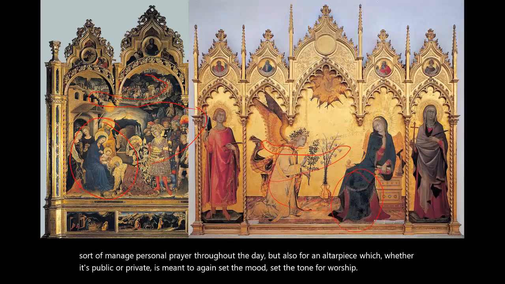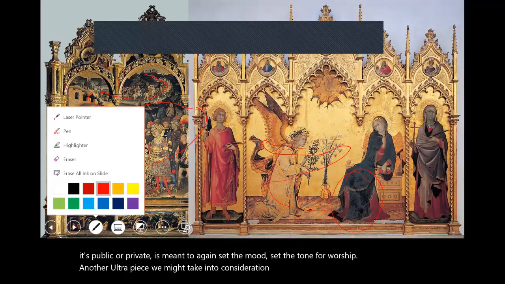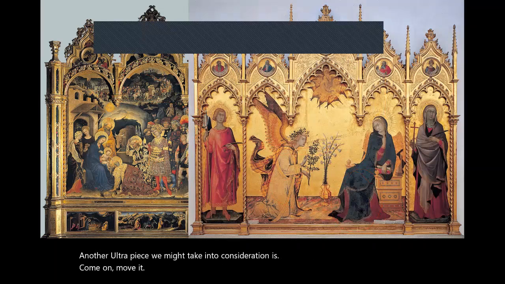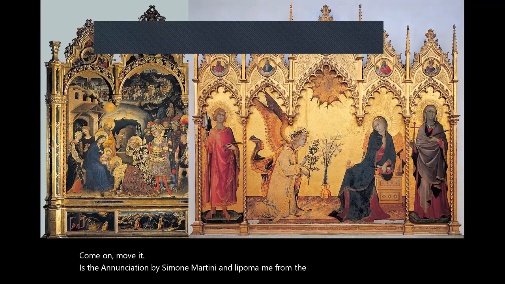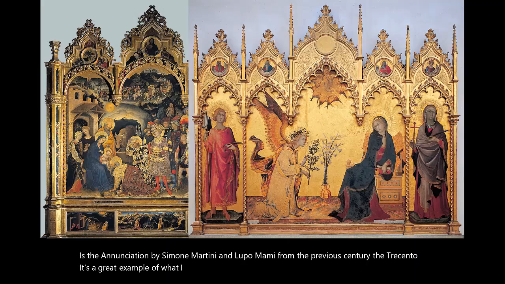Another altarpiece we might take into consideration is the Annunciation by Simone Martini and Lippo Memmi from the previous century, the Trecento. It's a great example of what I was talking about, where Simone Martini is known as an international style artist.